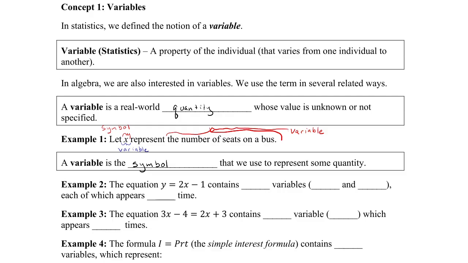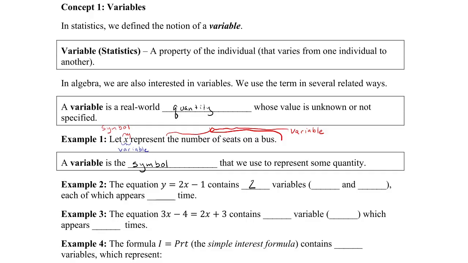So in general, we'll use the term variable to refer both to the number of seats on the bus, or whatever quantity our variable represents, and also whatever symbol we're using to represent our variable. So, for example, we can look at the equation y equals 2x minus 1 and see that that equation contains two different variables.